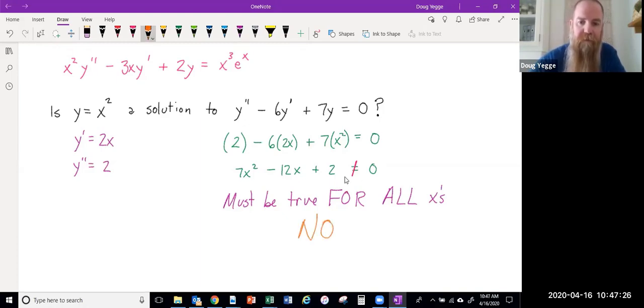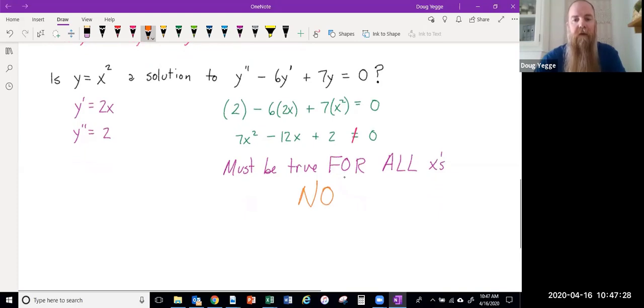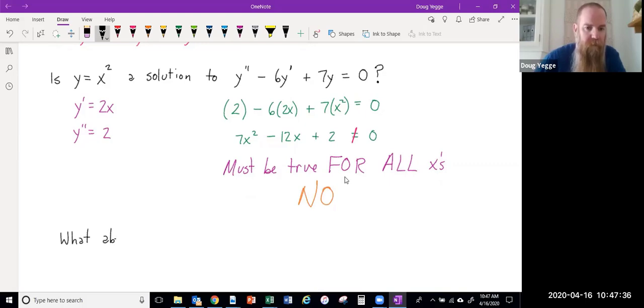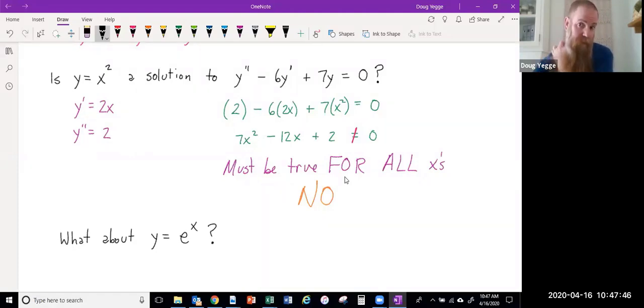It is not. Okay. Well, let's try another one. What about y equals e to the x? Okay.